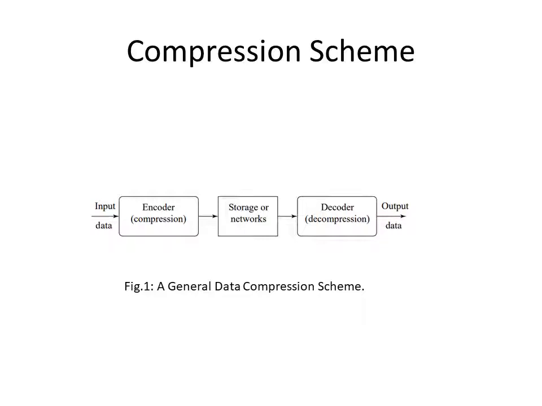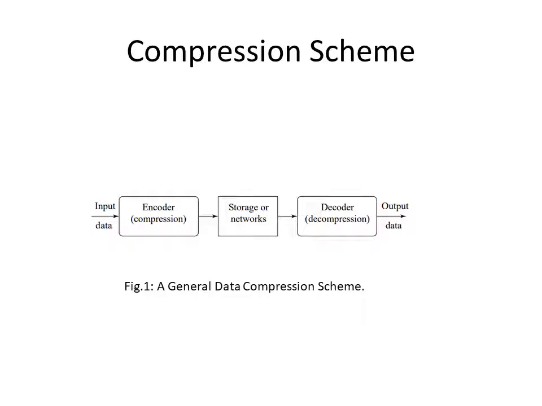So you have an input data, the original data that you want to transmit, and that is given to the encoder, which is going to perform the process of compression. This encoder has the compression algorithm, or compression schema, which will make sure that the original volume of the data gets reduced.